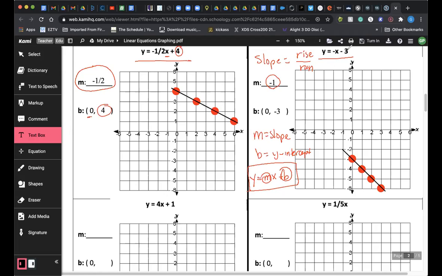My b, which is what follows the x, is -3. So that point is located at (0, -3), and that's where I put my first point on my graph. Using the same idea of slope, I'm going to go down by 1 and to the right by 1, down by 1 to the right by 1 to create my next few points.